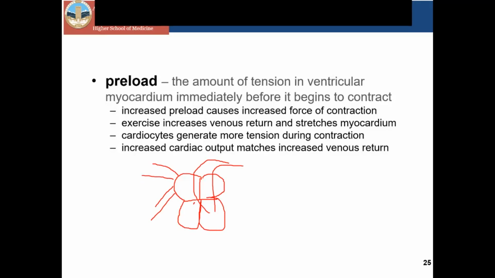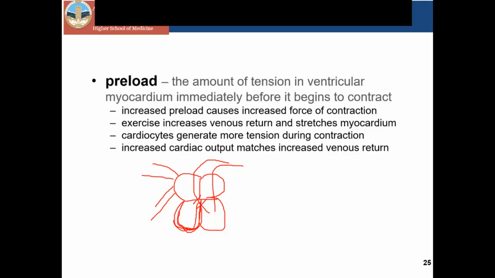Now here the pulmonary trunk, it doesn't matter. Preload is the amount of tension in the ventricular myocardium immediately before it begins to contract. It means our ventricle is increased, dilated, and this tension in this wall is preload.